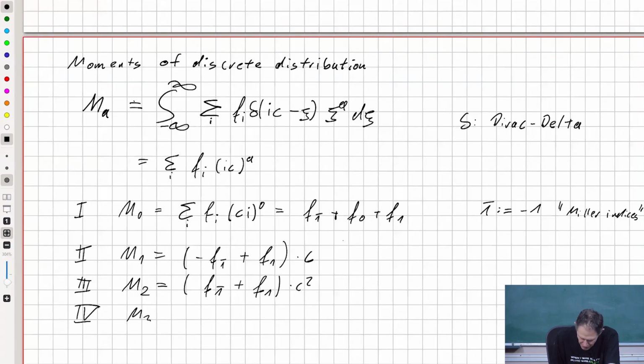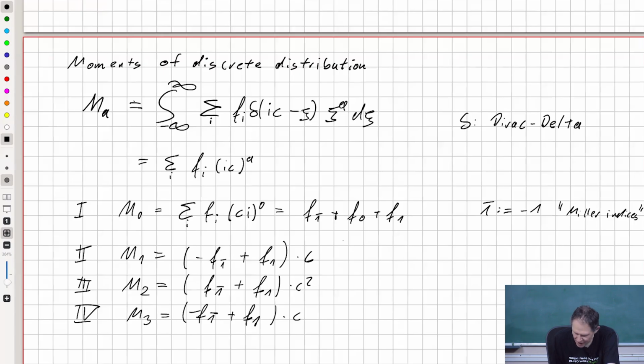For example, the third one is, now see, this I is either minus 1, 0, or 1. Yeah? So you will now see a repetition, because if you take I to the third power, it's the same as to the first power. So we'll have minus this and this.